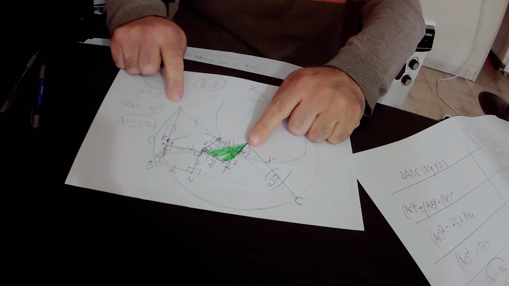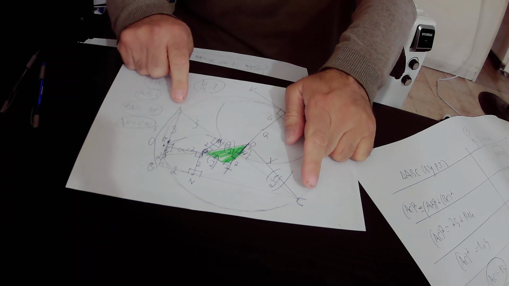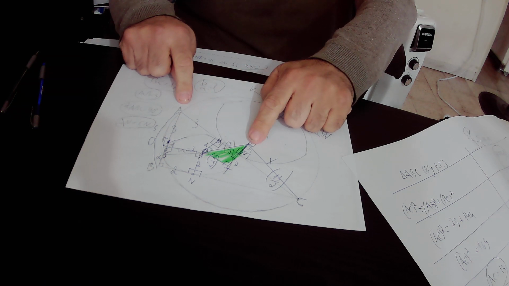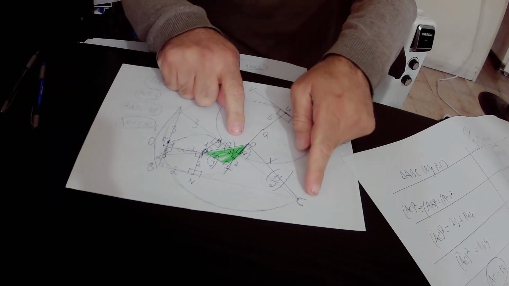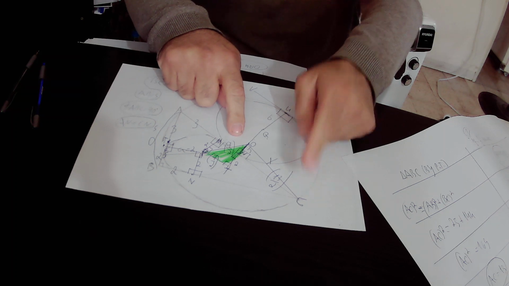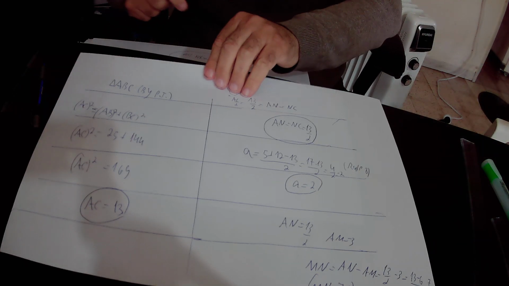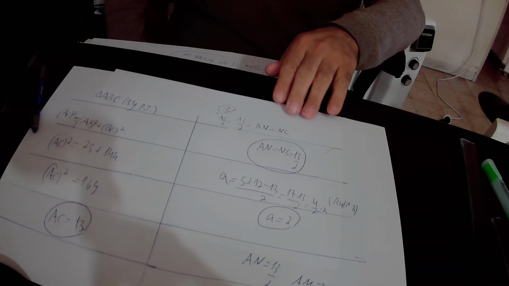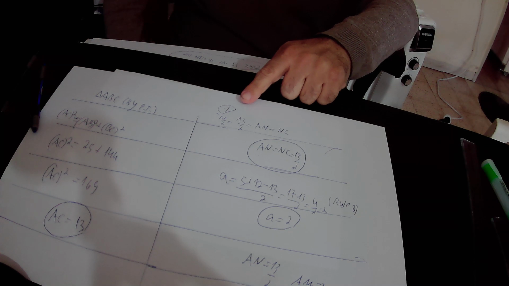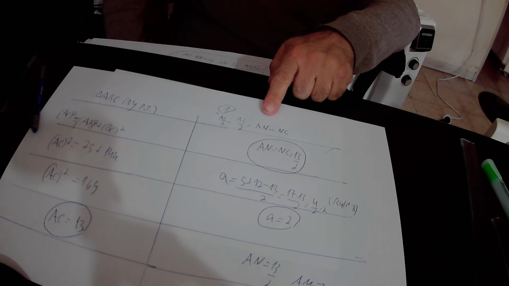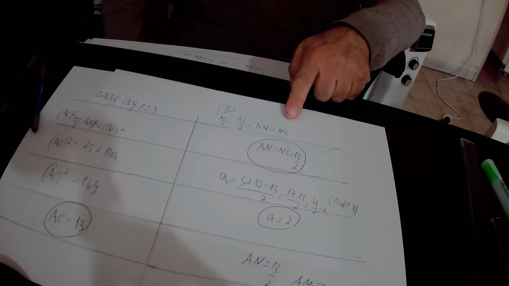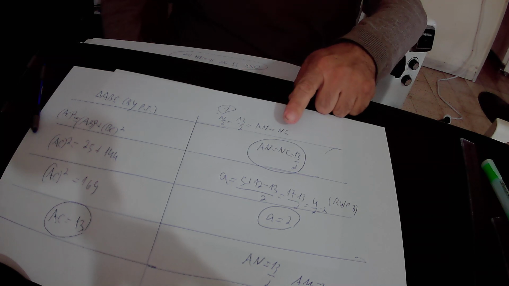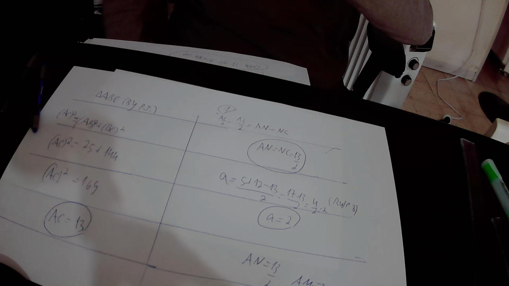And because at point N the hypotenuse AC is bisected into two halves, the first half AN must be equal to 13 over 2, and the second half NC must also be equal to 13 over 2. So AN equals NC equals 13 over 2.